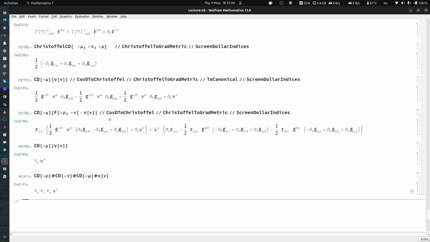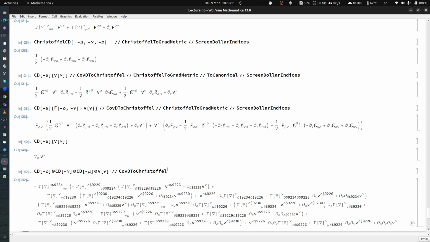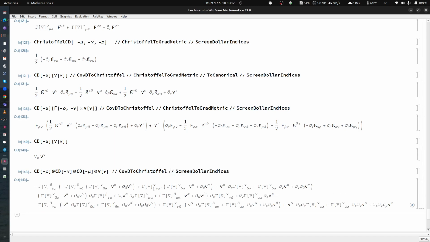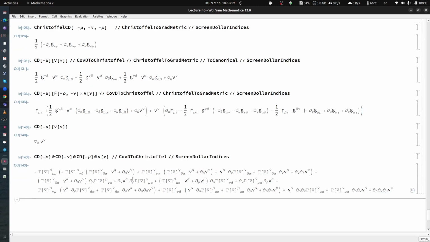And then we can do monstrous stuff like expanding this to Christoffel, and then to metric, blah blah blah. Well, we obtain quite useless output here, but you can see where I'm going.